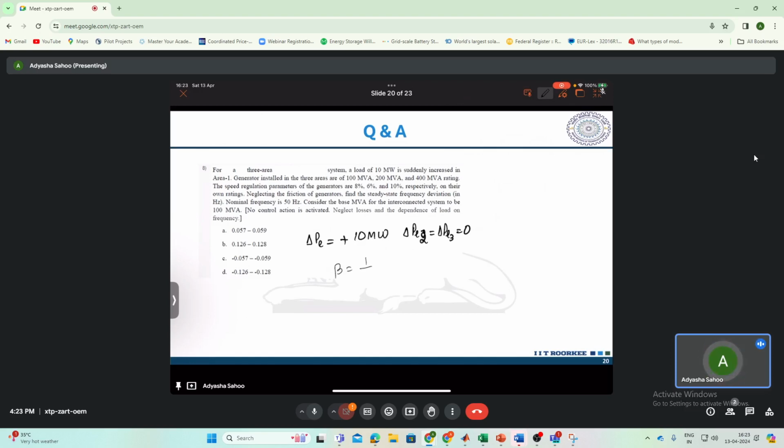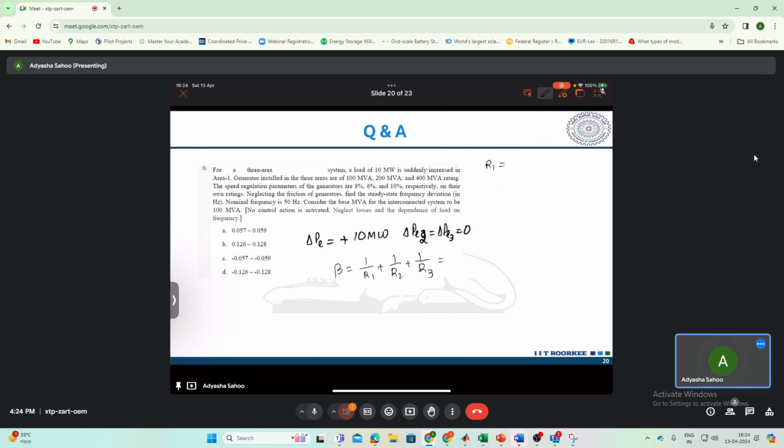That will be 1 by R1 plus 1 by R2 plus 1 by R3. No D is here, that is, no frequency sensitive change in load is considered. So that will give you... but here R are on different base. So let us change that first.